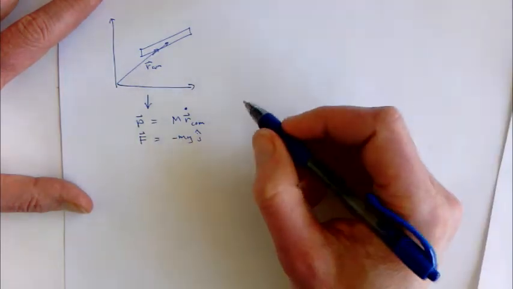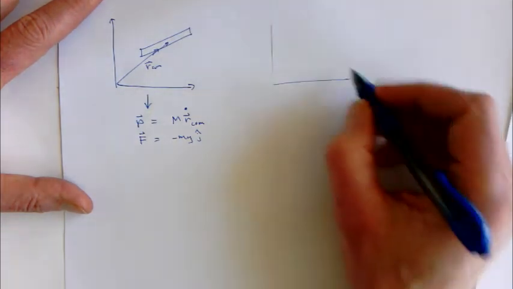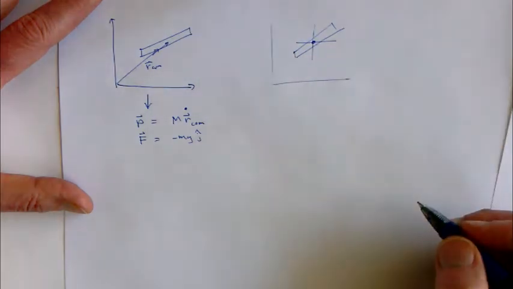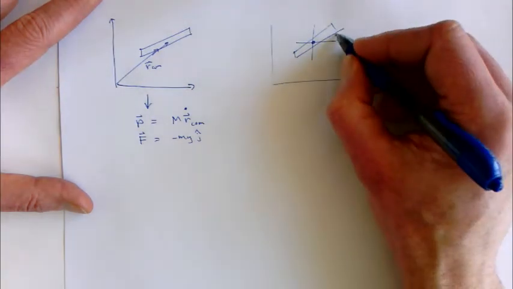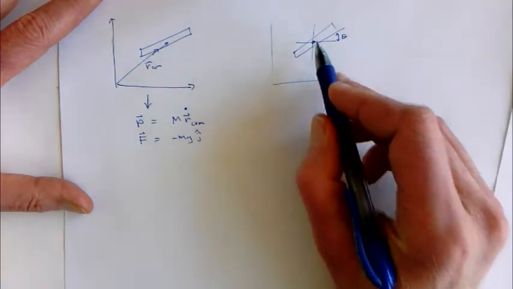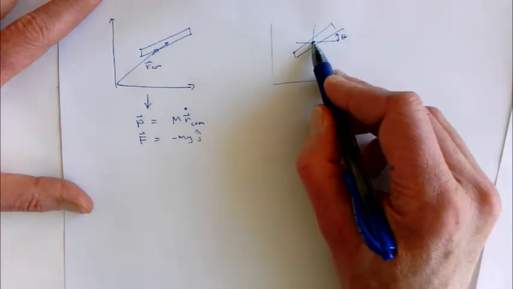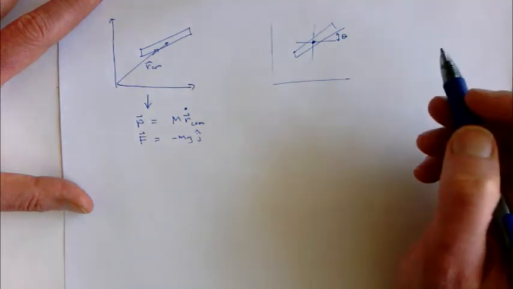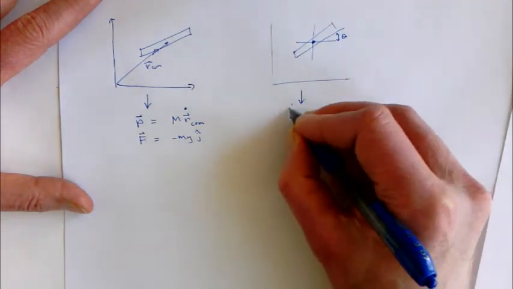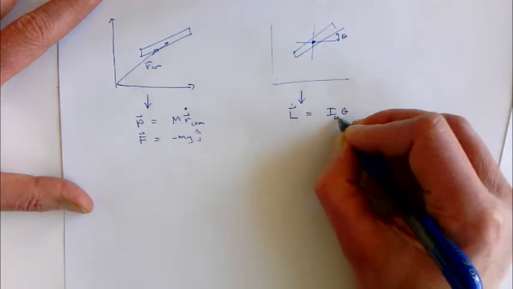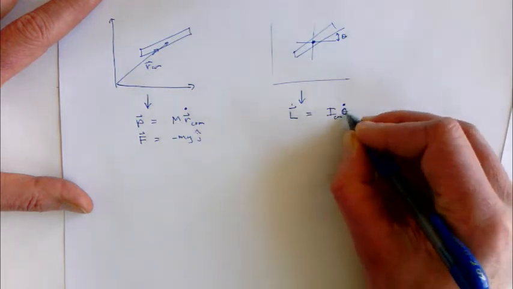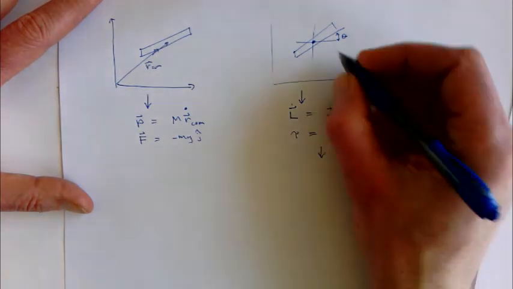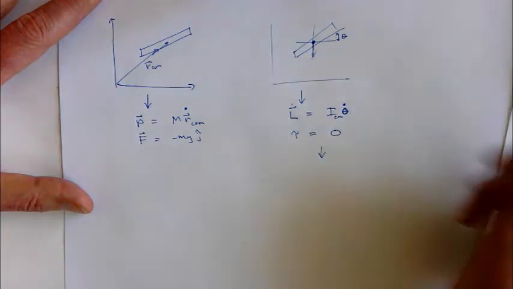But then we're going to think about a second coordinate system just for dealing with the torques, where we instantaneously put that coordinate system on the center of mass. Still makes sense to talk about what theta is, but if we instantaneously put the coordinate system at the center of mass, there's no translational component to the angular momentum because r is 0. And so for this coordinate system, the angular momentum is simply I_COM times theta dot. And the torque is 0, because the only force that's acting is acting at the origin for this coordinate system.